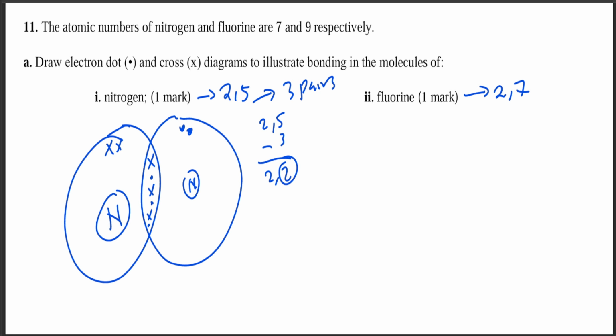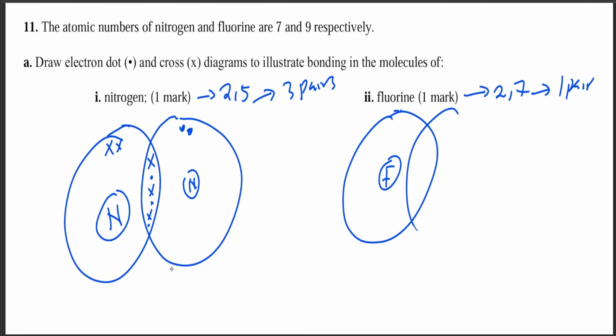Now let's go to fluorine. Fluorine is much likely the same, but this fluorine needs only 1 pair. So fluorine will be this way, then this. So another fluorine.